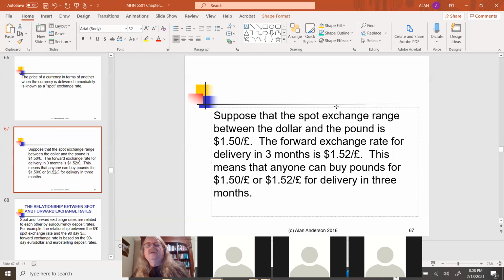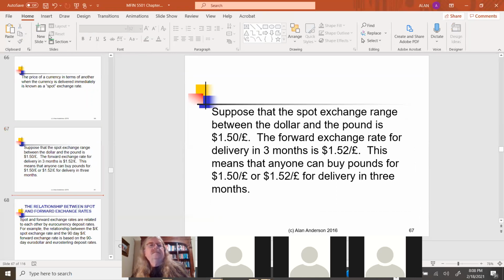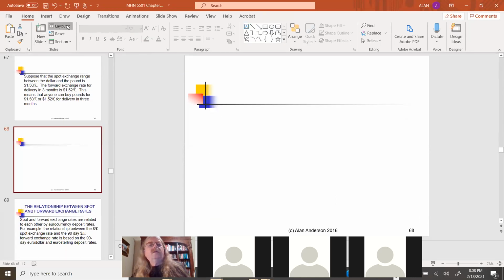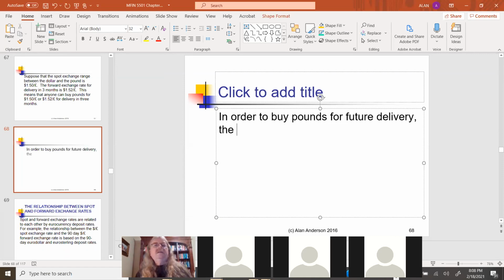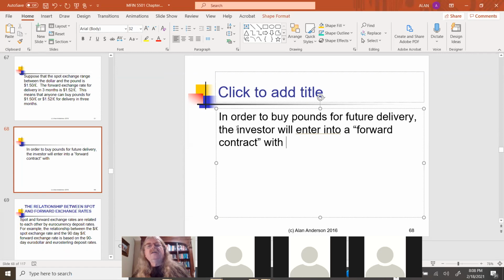All right, so here's how that works. In order to buy pounds for future delivery, the investor, let's say, will enter into what's called a forward contract. Or actually, I'll tell you what, let's call this the buyer and the seller, just to make it clearer. The buyer will enter into a forward contract with the seller.